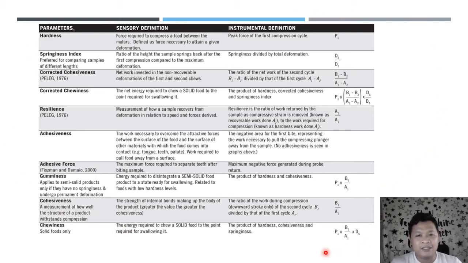So these are mathematical force calculations that tell you how they arrive at the values for the parameters specified. So for example, hardness is the force required to compress a food between the molars and defined as a force necessary to attain given deformation. So in terms of the instrumental analysis, it's the peak force of the first compression cycle.